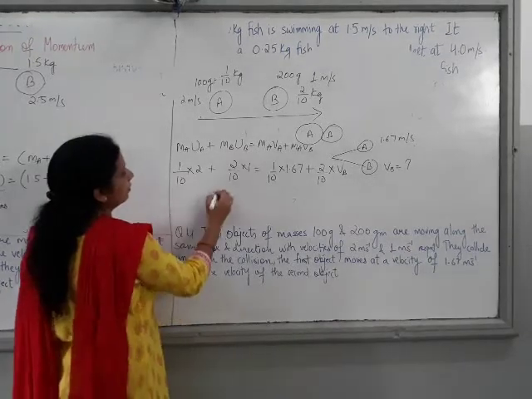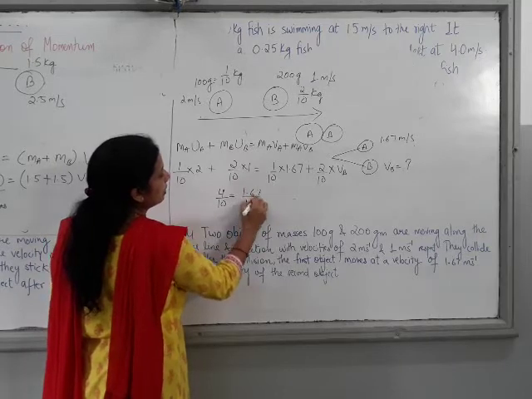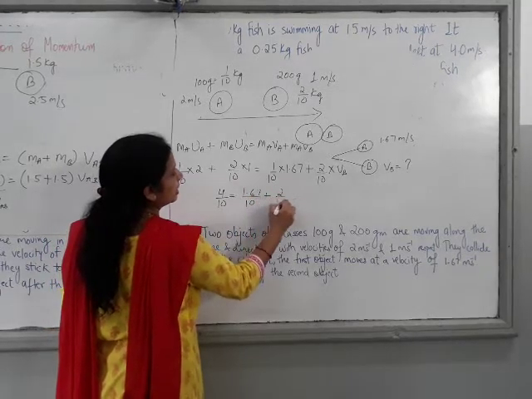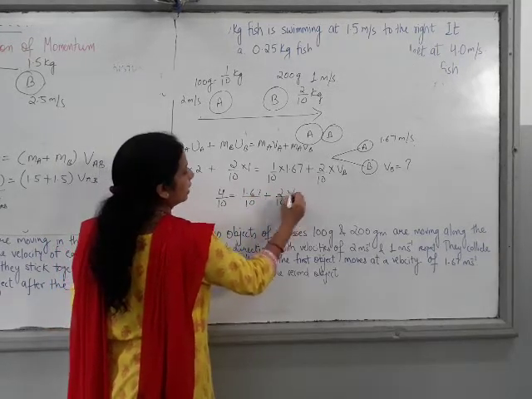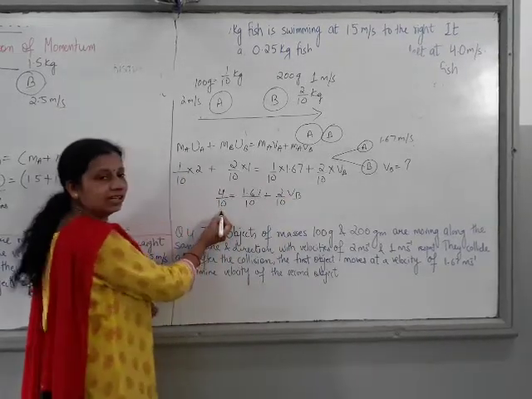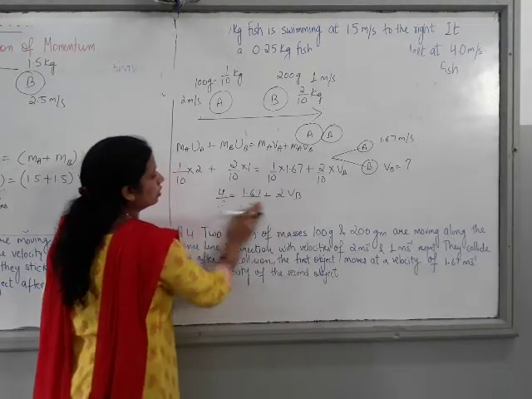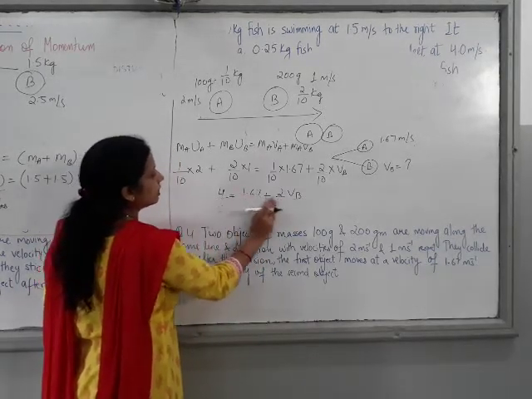So this will become 4 by 10 equals 1.67 divided by 10 plus 2 by 10 vB. Because 10 is common, this 10 is in the denominator of all three numbers, so I can remove it. I will be left with this equation.